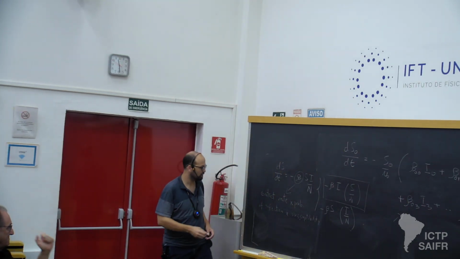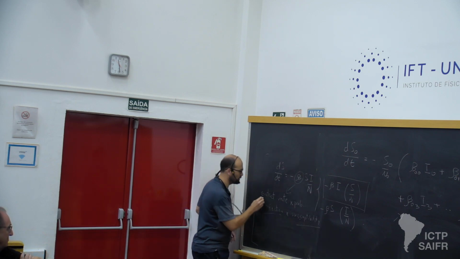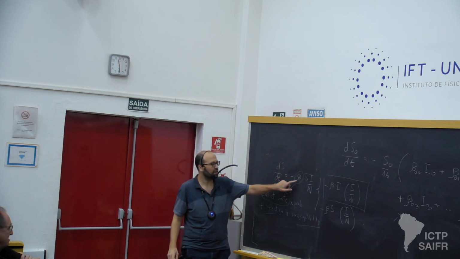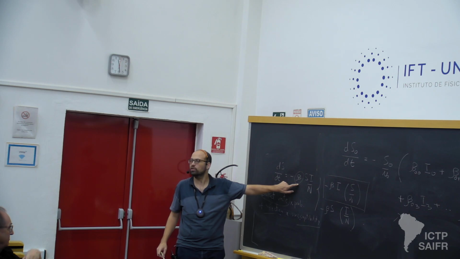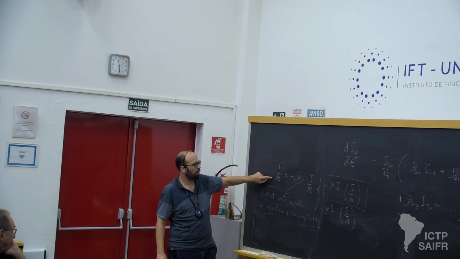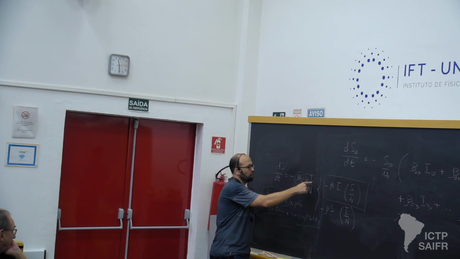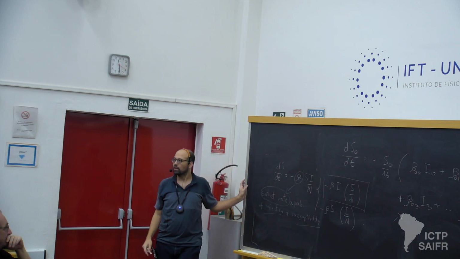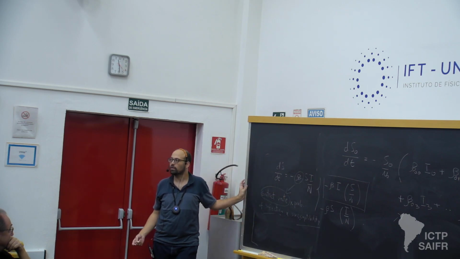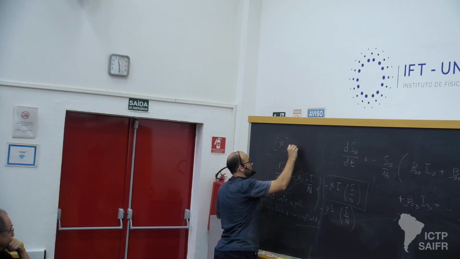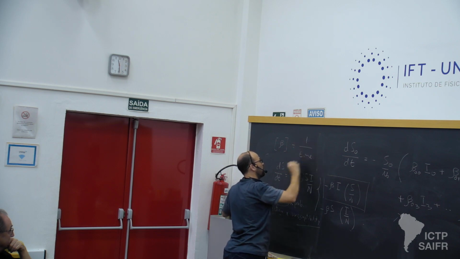I'm not so interested right now in these, but essentially in the contact rate. One way to think about this is to look at the units of beta. What should be the units of beta in the SAIFR model? This is population over time. This has population squared divided by population, so this is population. So beta has a dimension of 1 over time. The dimension of beta is just 1 over time.